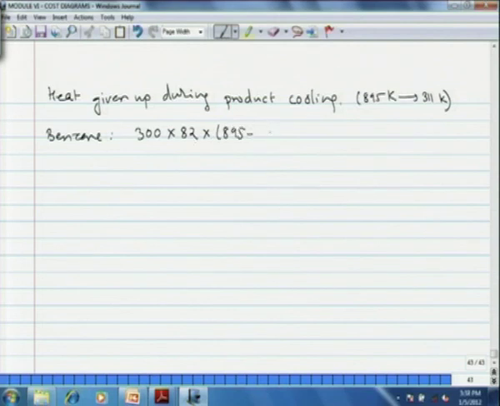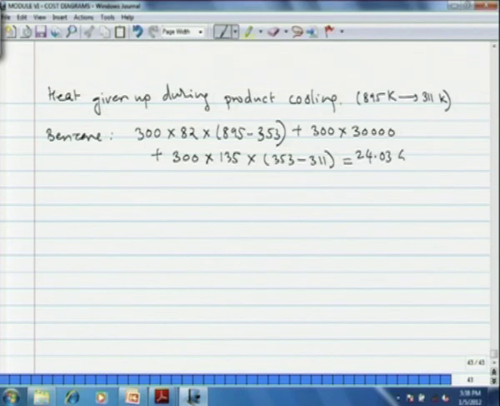From 895 it gets cooled to its saturation temperature 80 degrees centigrade or 353 Kelvin, plus 300 into 30,000, that is the heat liberated during phase change, plus the subcooling of the liquid, 300 into 135, that is the liquid phase heat capacity of benzene, into 353 minus 311, that turns out to be 24.03 gigajoule per hour.